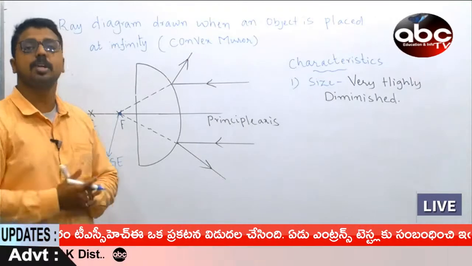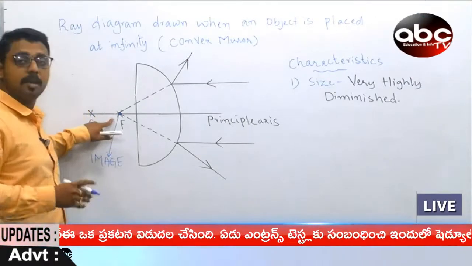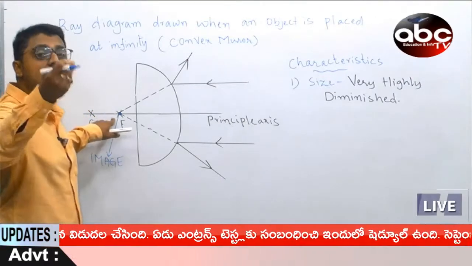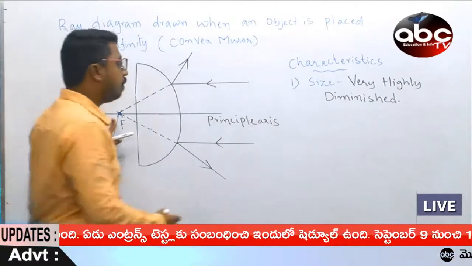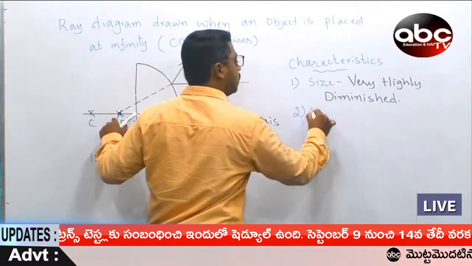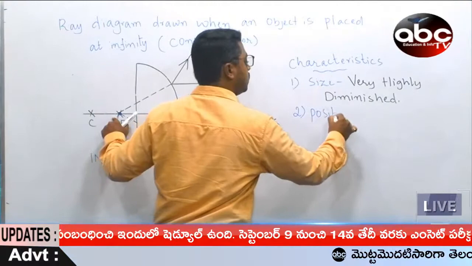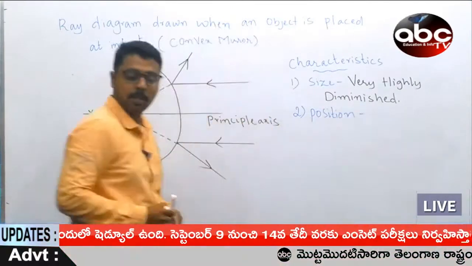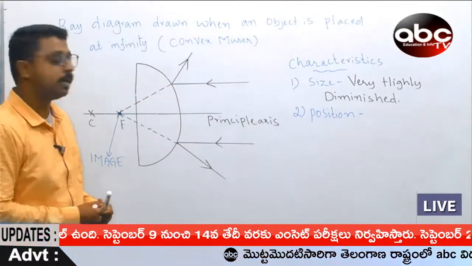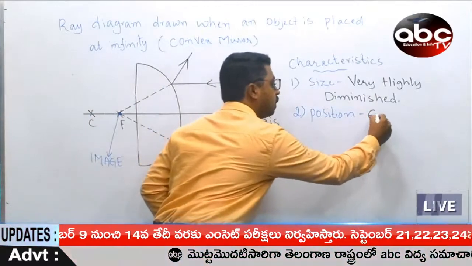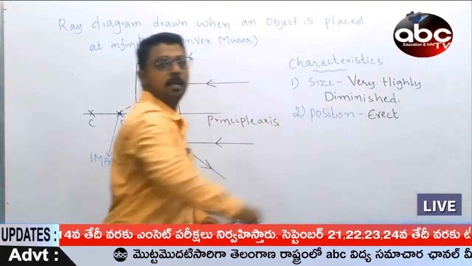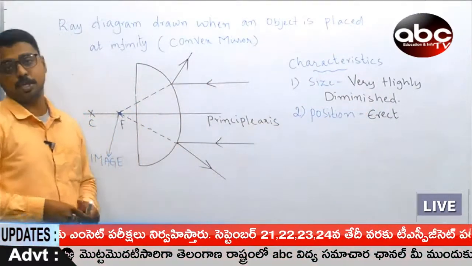If an image is going to result, it might be slightly above the principal axis. Therefore, we expect the position to be above the principal axis, and that can be stated as an erect image. That is an important issue here.